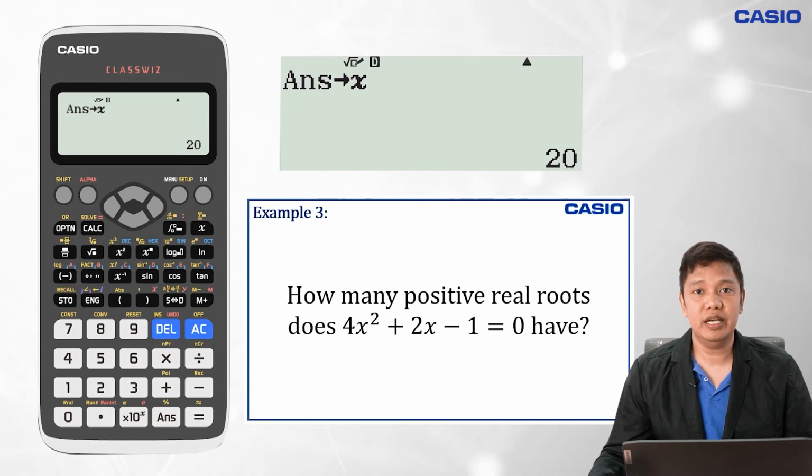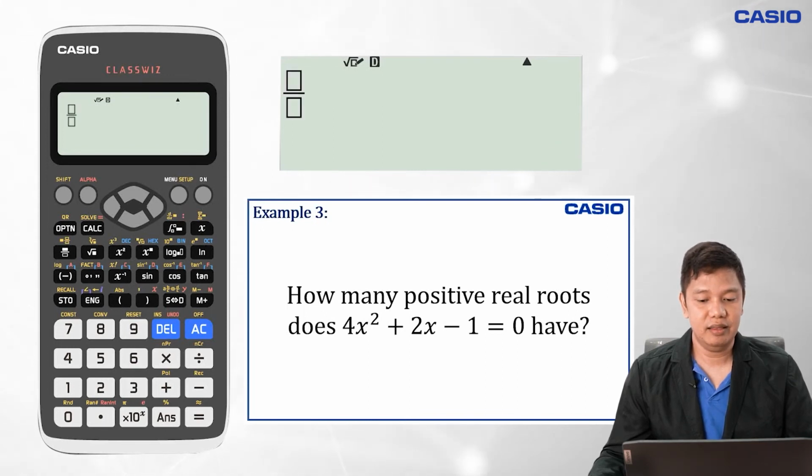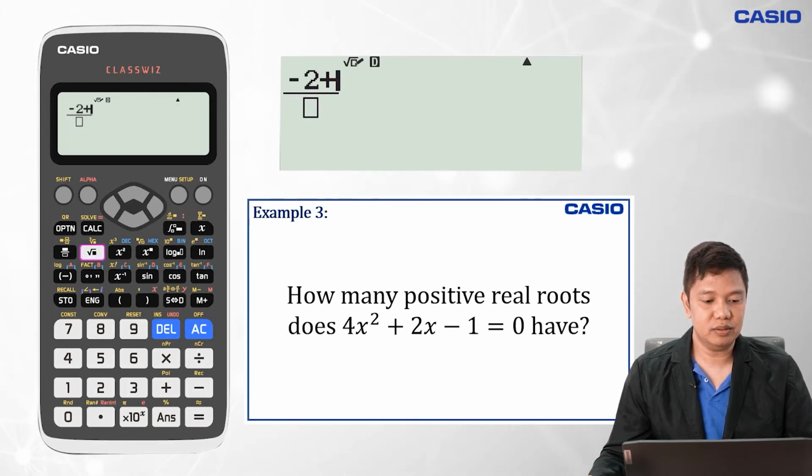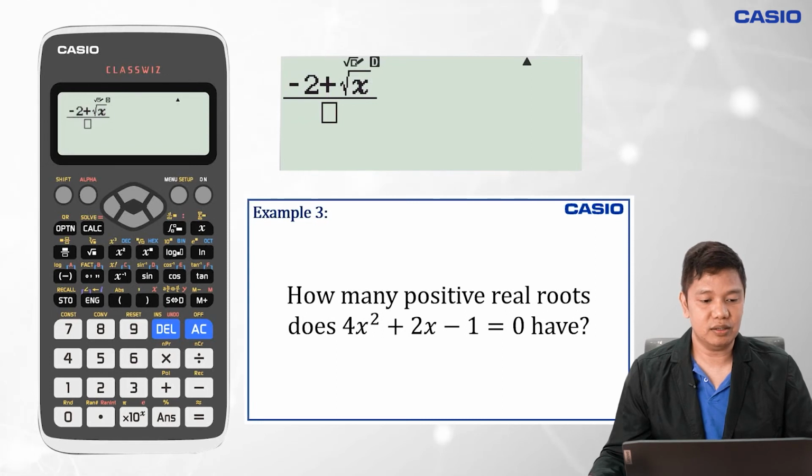But we have to determine and verify whether there are two positive roots by getting the exact values of the roots. Doing so, we have fraction bar and then negative of b, which is negative 2, plus the square root of the discriminant x all over 2 times the value of a, which is 4. Arrow right, to get the second root, we need to use the multi-statement function. So press alpha and then the integral sign, and then fraction bar again, and then negative of 2.